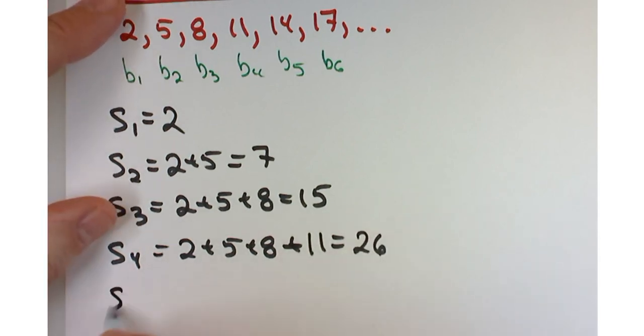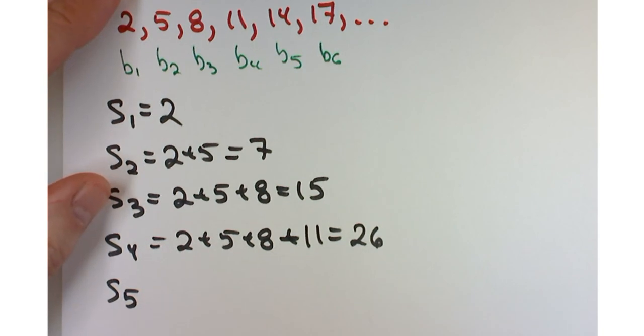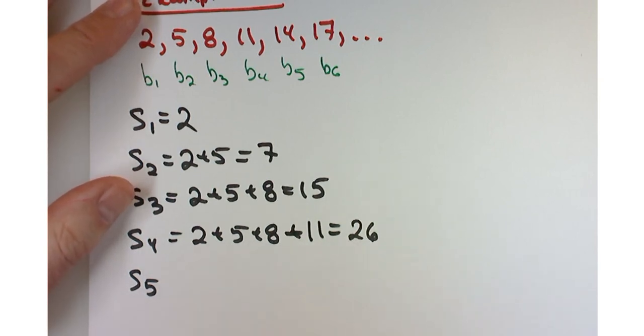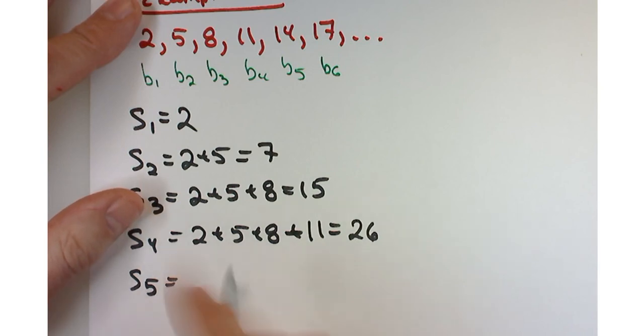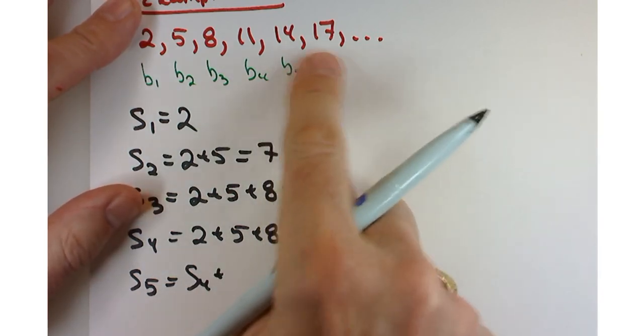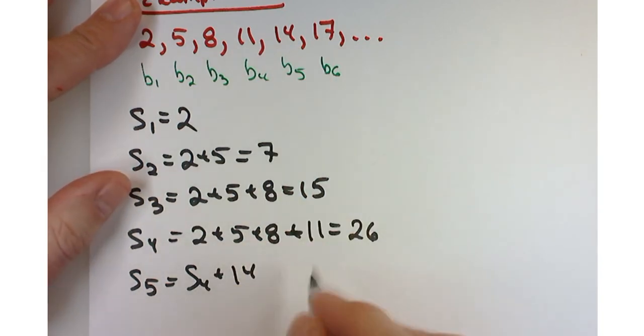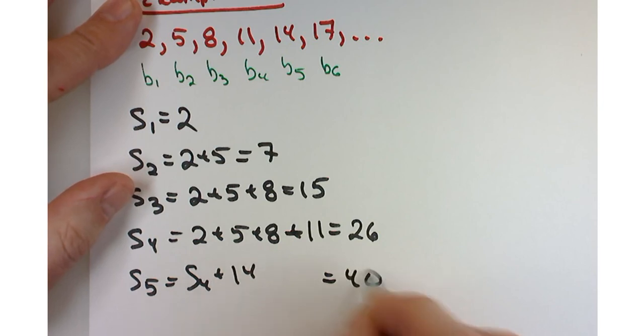Now, I am going to get a little bit fancy here on the last two, because I've grown weary of writing 2 plus 5 plus 8 plus, you know, that kind of stuff. So how about if I take S sub 4 and then add on the 14? So basically it's these plus the next one, and that's going to give me 40.